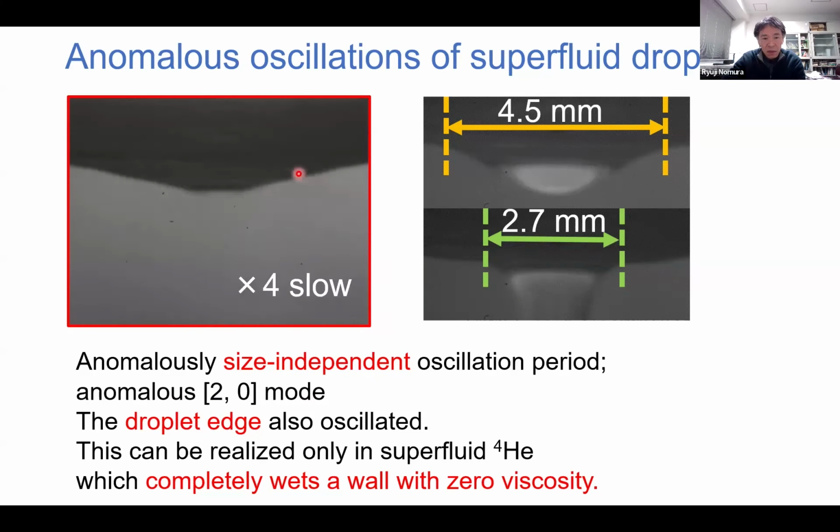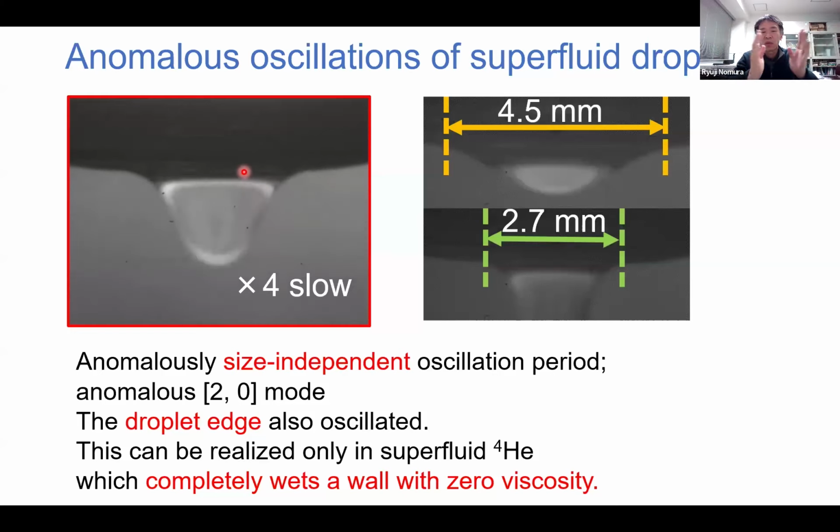But at the same time, you see that the droplet edge is also oscillating on the surface of the bottom of the cup in a horizontal direction. And this motion of the droplet edge, free motion of the droplet edge, can only be realized in the superfluid because the surface of the cup is pre-coated by a thin superfluid layer, and it prevents any pinning of this droplet edge motion.